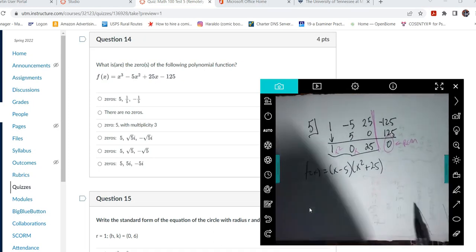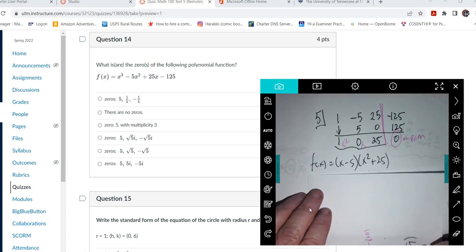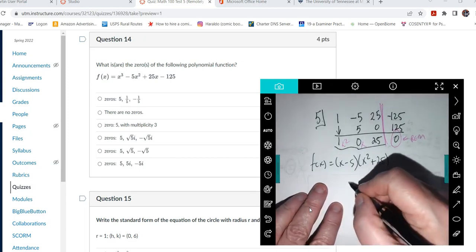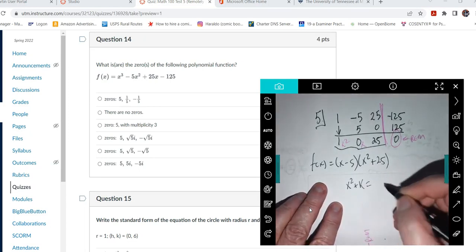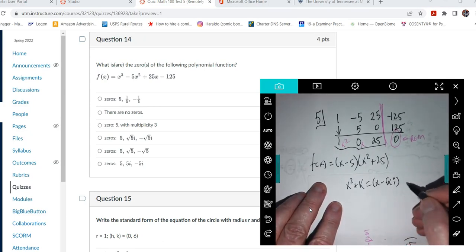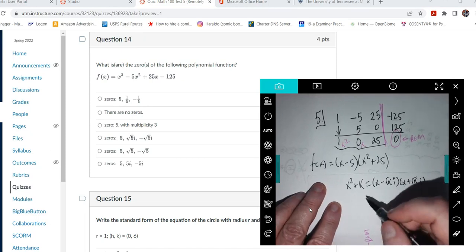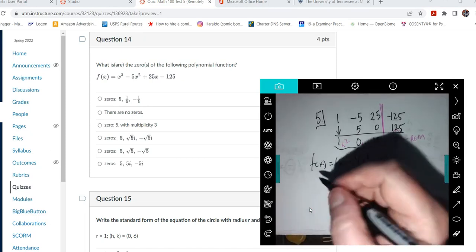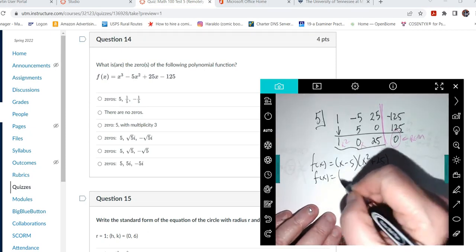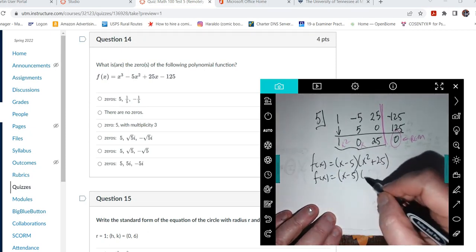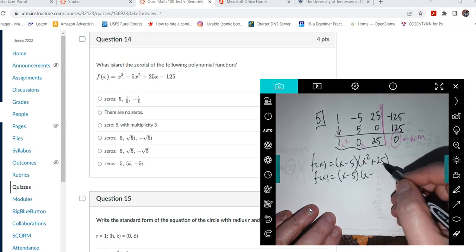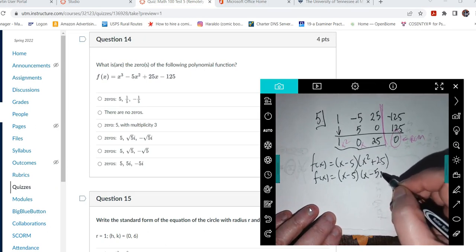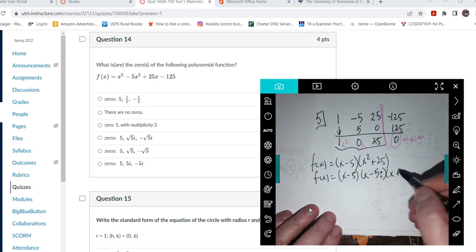Now, if you have x squared plus a number, that will factor, but not over the real numbers. It's going to be x minus the square root of k times i times x plus the square root of k times i. So for this one, I'm going to have x minus the square root of 25 times i times x plus the square root of 25 times i.